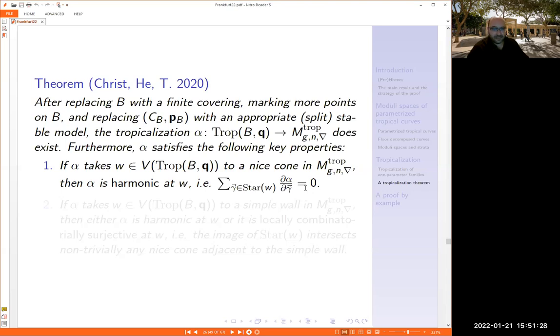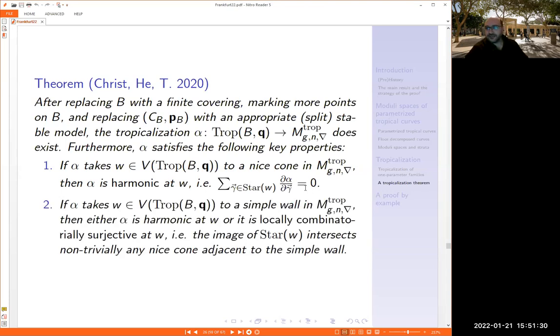The second property tells you the following: if a vertex of the base gets mapped to a simple wall, the simplest possible degeneration of nice cones, then there are two possibilities. Either the map alpha is harmonic at this vertex too, and the whole star of this vertex gets mapped to this nice cone.